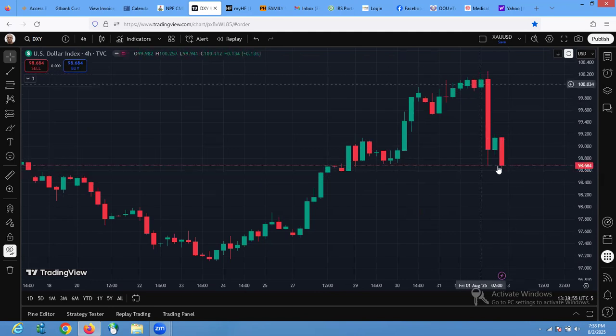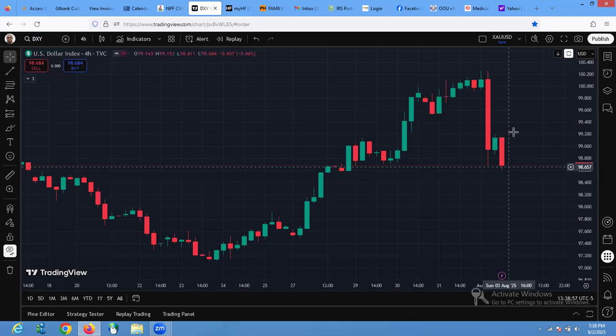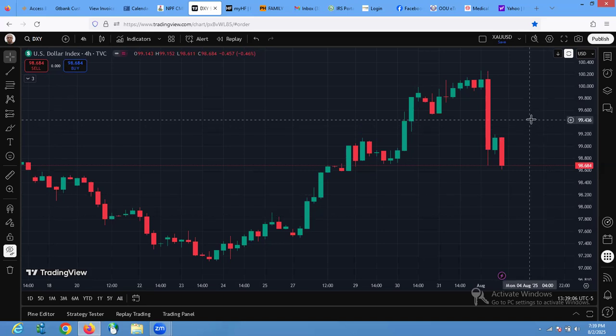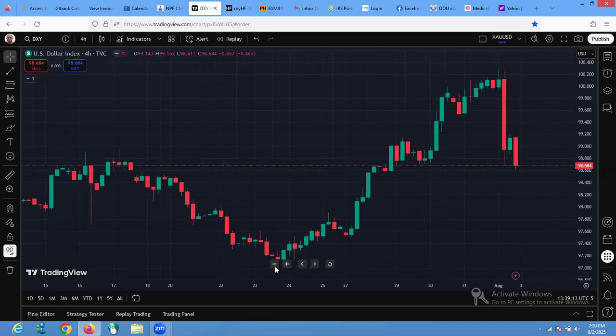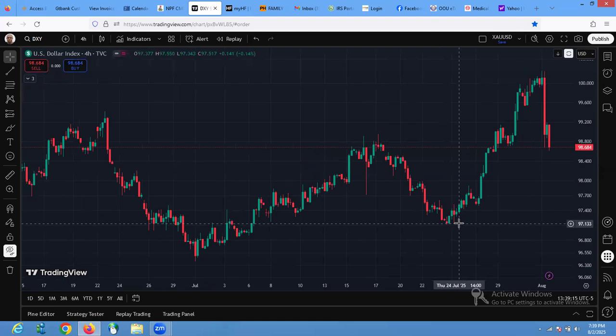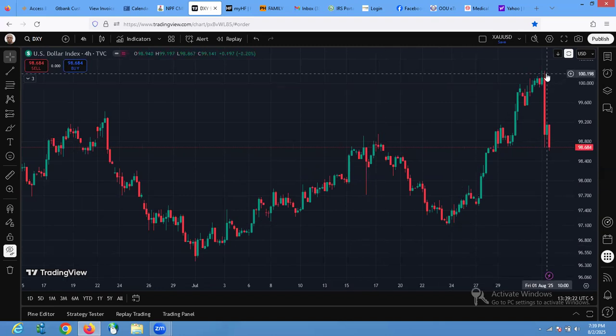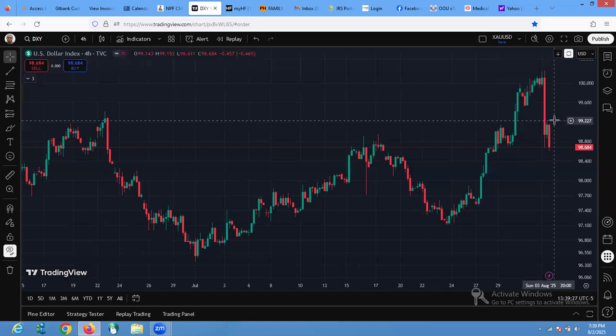So if we got 1, 2, 3, 4, 5, which is an impulse here, ABC correction, around this area, C, the completion of a B or a 2, and the last push to the downside, you're going to hide behind a B to see how price is going to throw impulse to the downside. If it's going to break this invalidation level here, which is here. Once this is broken, then just know that this is nothing but A, B, C to the upside, and that this is coming. So we need this to correct.